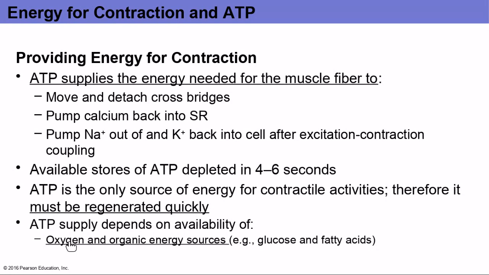First thing to keep in mind is that the ability to regenerate ATP is dependent on oxygen levels. Okay? It's dependent on oxygen levels as well as glucose. We're going to detail that out.